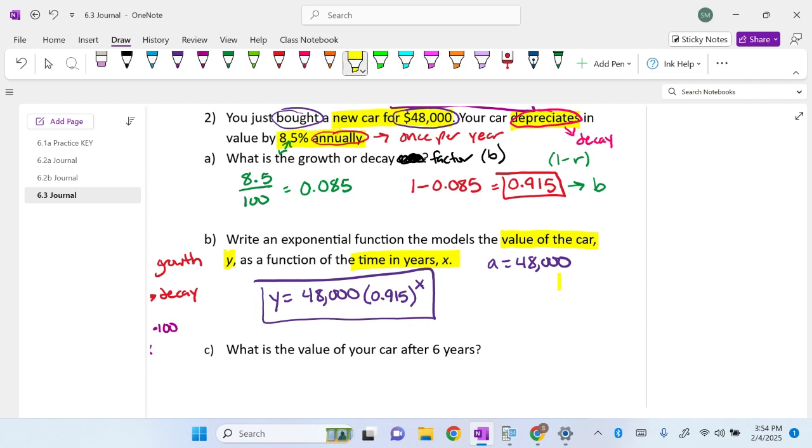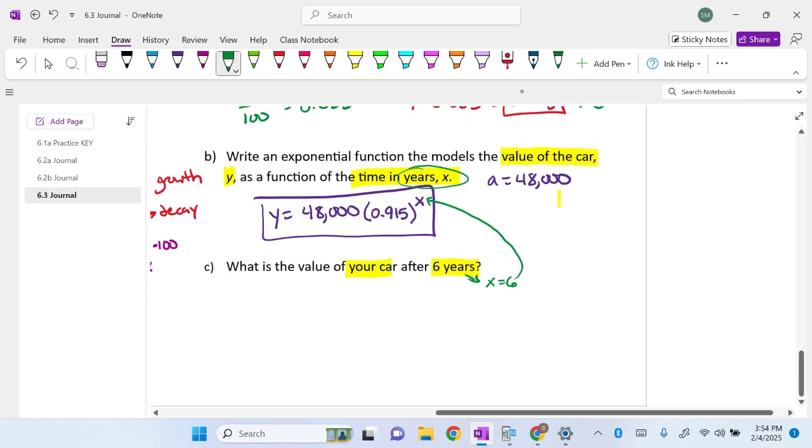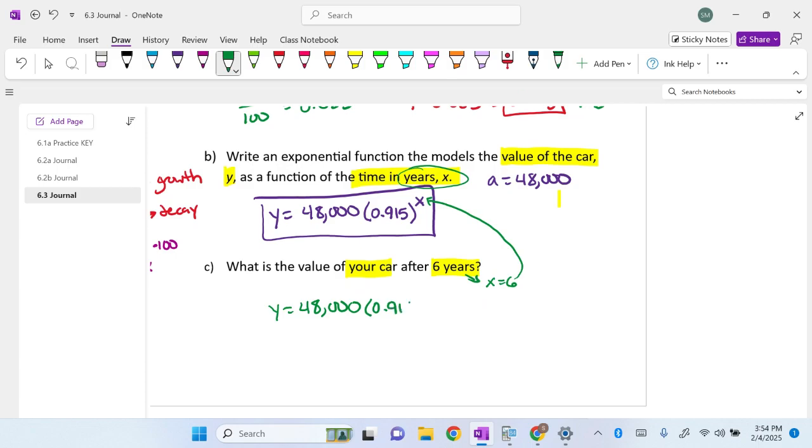And then finally, it wants us to know the value of our car after 6 years. So remember, 6 years, since we're talking about years, that means we're dealing with x. So that means x equals 6. So we're going to plug that 6 back in for x in our original function. So I'll get y is equal to 48,000 times 0.915 raised to the 6th power.